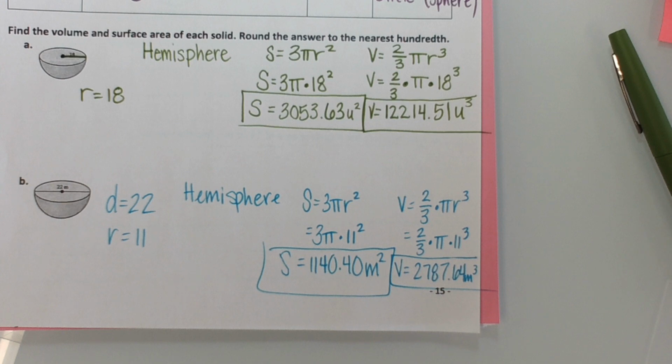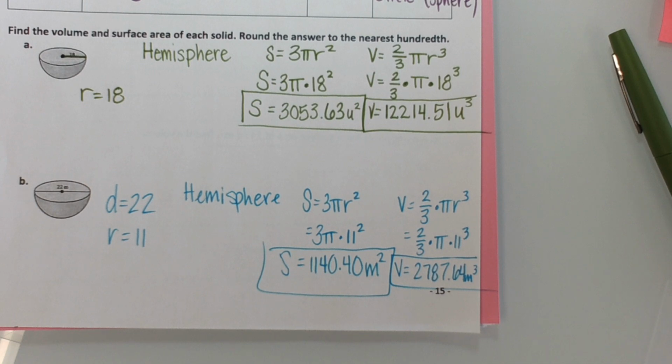Yes, we are doing the back page. The 22 is not the radius, but the diameter.